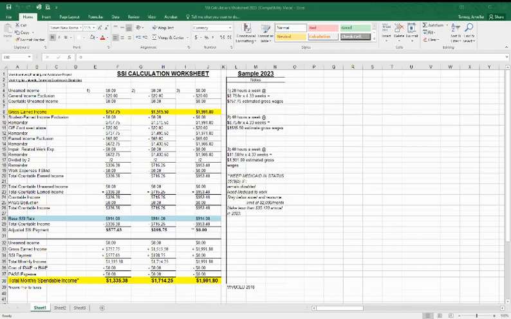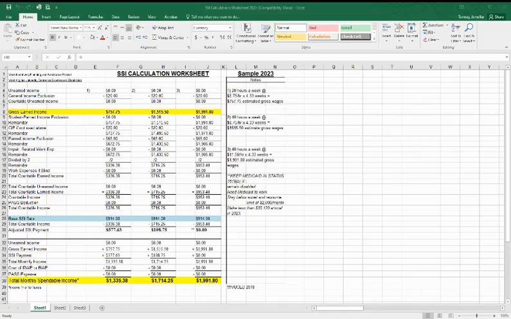We want to be able to understand that we can keep SSI status and keep Medicaid without losing SSI eligibility.